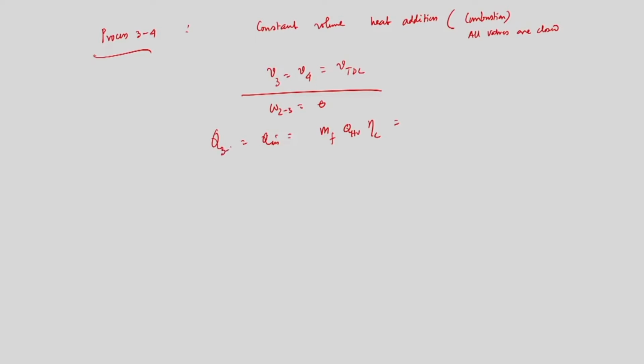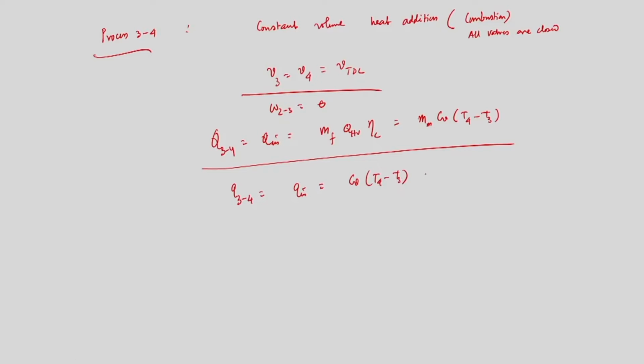Q3 to 4 is equal to Q in, which is equal to the mass flow rate of fuel times heating value times combustion efficiency, that is m dot times CV times (T4 minus T3). So this is the Q in, but small q3 to 4 is equal to Q in, which is equal to CV times (T4 minus T3).